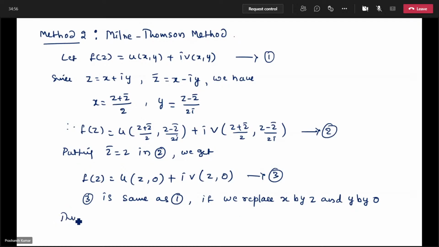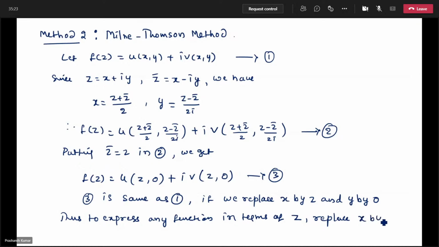Thus, to express any function in terms of z, replace x by z and y by 0.